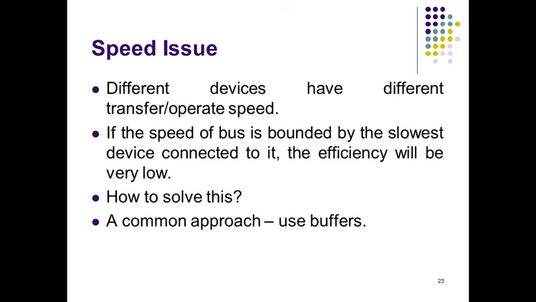Here, a common approach is to include buffer registers with the devices to hold the information during transfer. To illustrate this technique, consider the transfer of an encoded character from a processor to the character printer. The processor will send the character over the bus to the printer buffer.